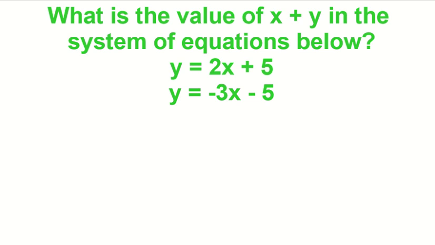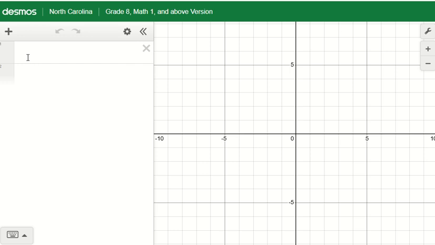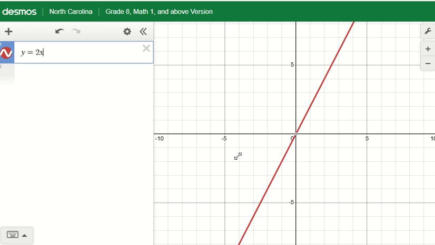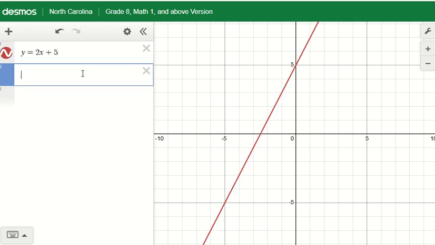So all you need to do is go over to Desmos, or when you're taking the actual EOG or a check-in, you click the little calculator for the graphing calculator, and you're going to put in, like we saw, y equals 2x plus 5, and y equals negative 3x minus 5. Okay? And it graphs the two lines.